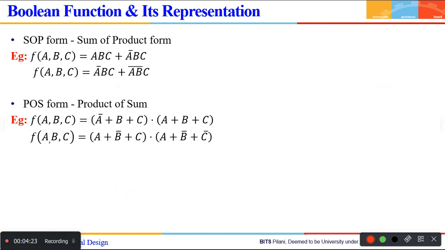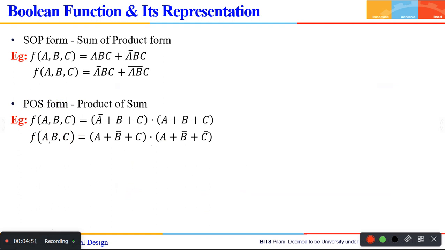Now, there are two important things I am going to mention here while representing your Boolean function. At this point, you must have understood what a Boolean function is, or what a Boolean equation is.